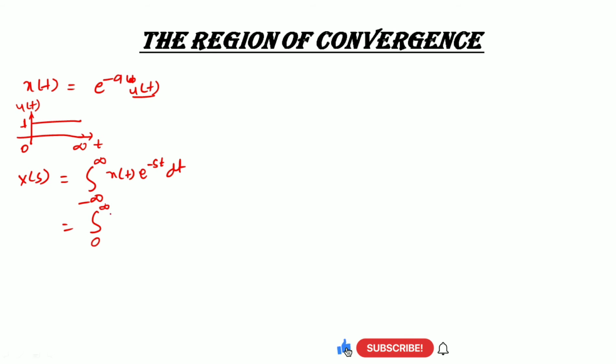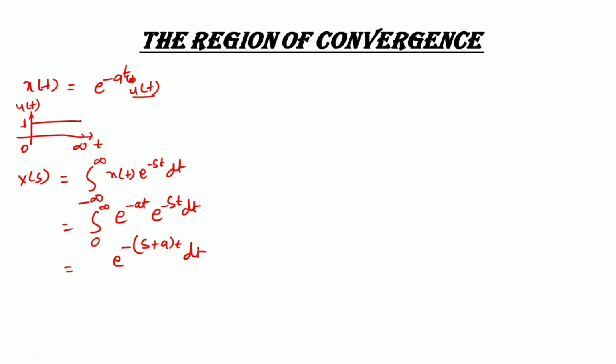So we have the integral from 0 to infinity of e to the power minus a t, times e to the power minus st dt, and when we solve this, we will have e to the power minus (s plus a) t dt.